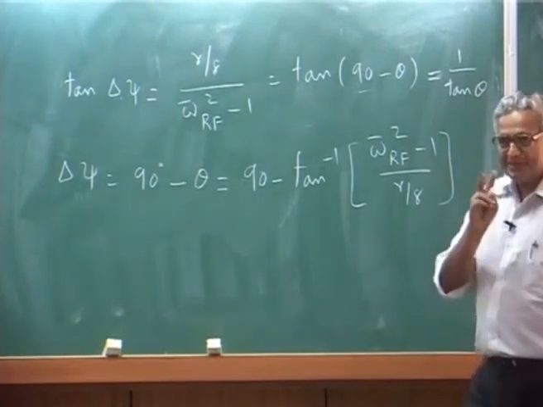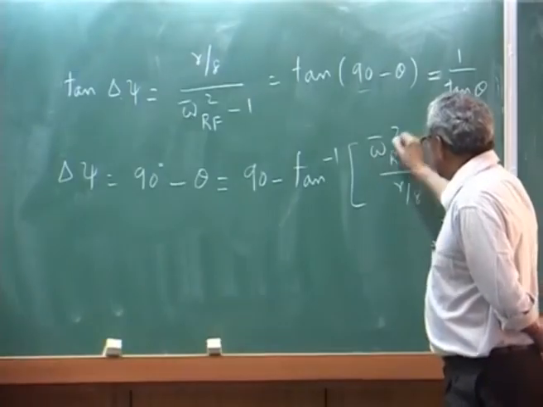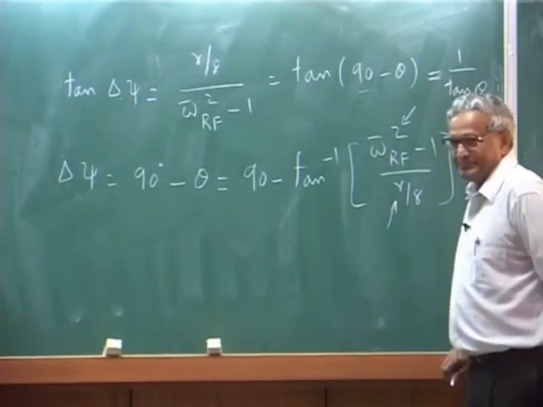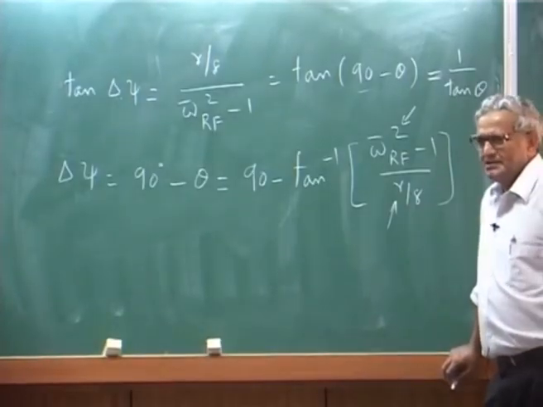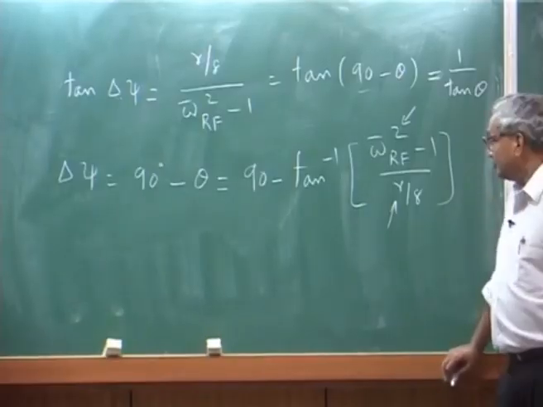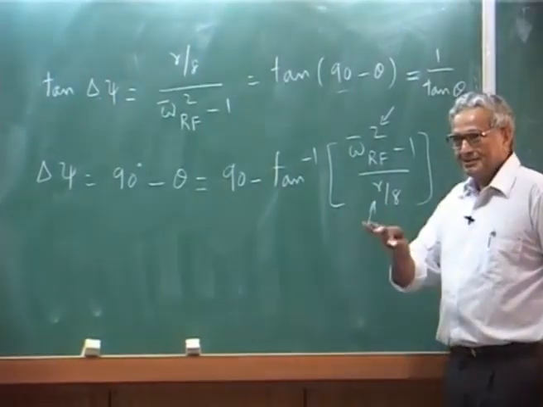Now, you see two parameters are controlling. One is the flap frequency, another one is the Lock number. Okay. Lock number is, you know, that it is the ratio of aerodynamics over inertia of the blade. So, both of them influence the coupling.